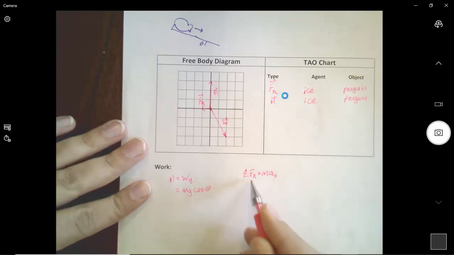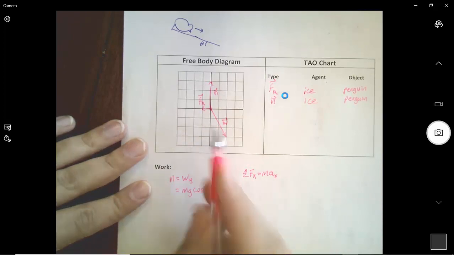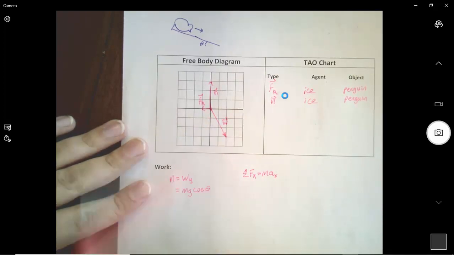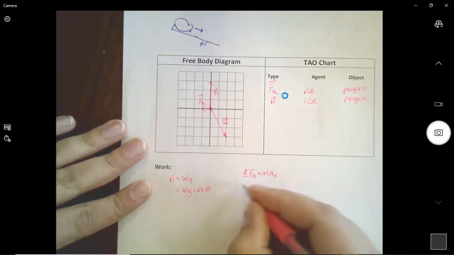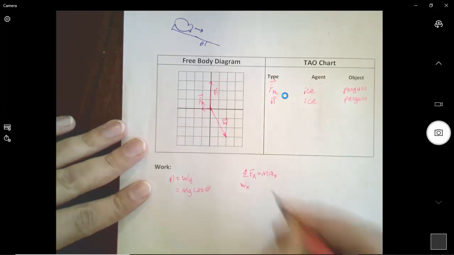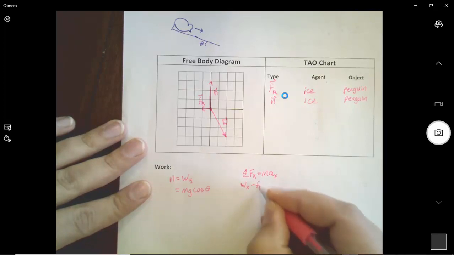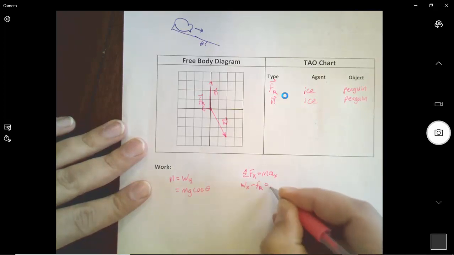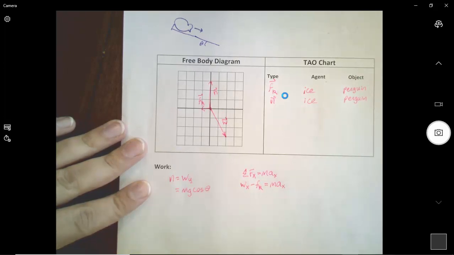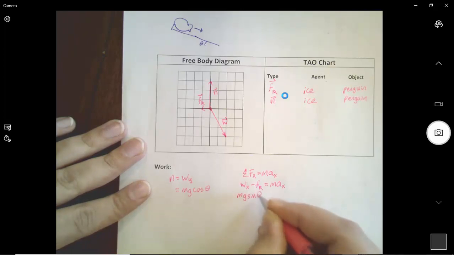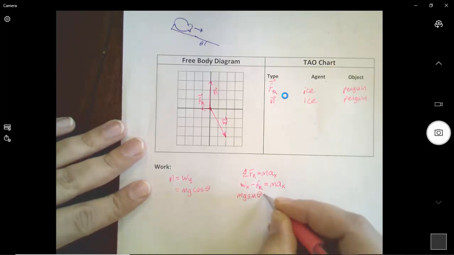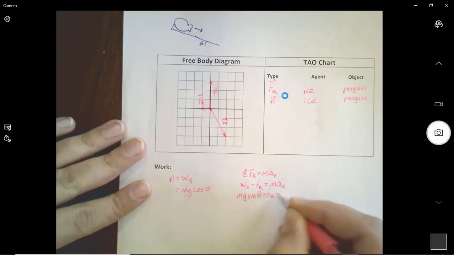On the left-hand side, we're going to fill in the forces. Everything pointing to the right is going to get a plus sign. Everything pointing to the left is going to get a minus sign. So we have the x component of weight. We subtract kinetic friction. And that is going to be equal to max. We know the x component of weight is mg sine theta. That's just like before. Minus fk is equal to max.